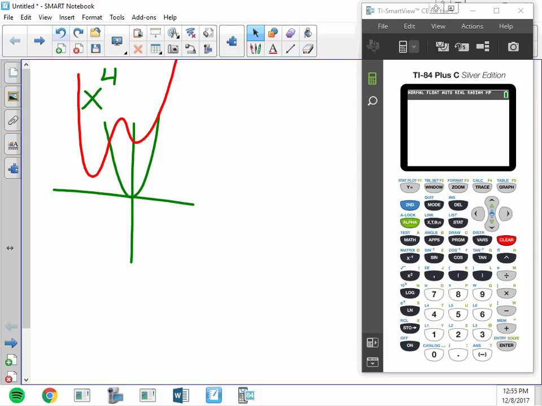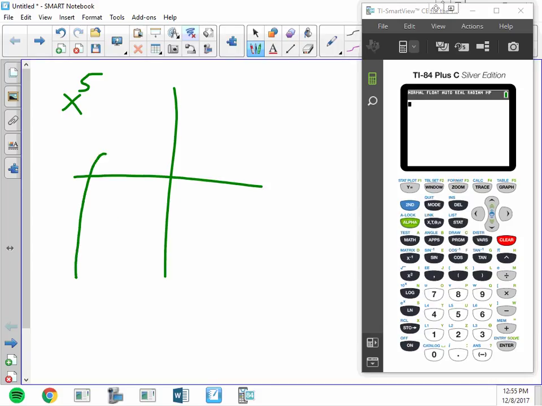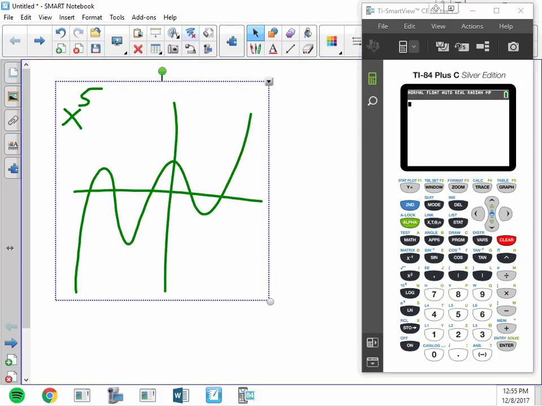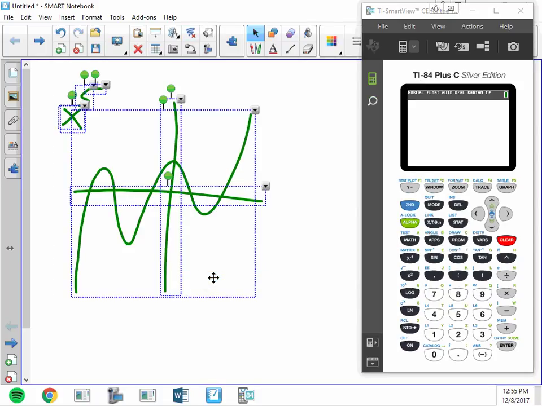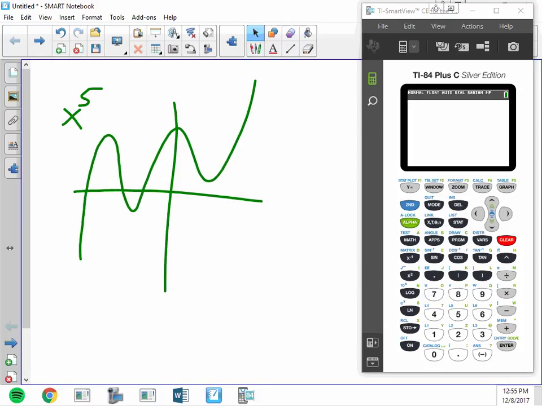Okay. What about x to the fifth? Well, x to the fifth could touch 5 times, or, oops, let me split these. Or it could touch 4 times, and one of them is a double, a bounce. Or it could touch 3 times, and 2 of them are imaginary.